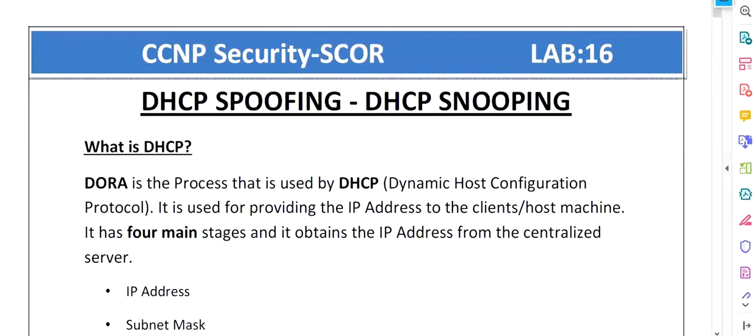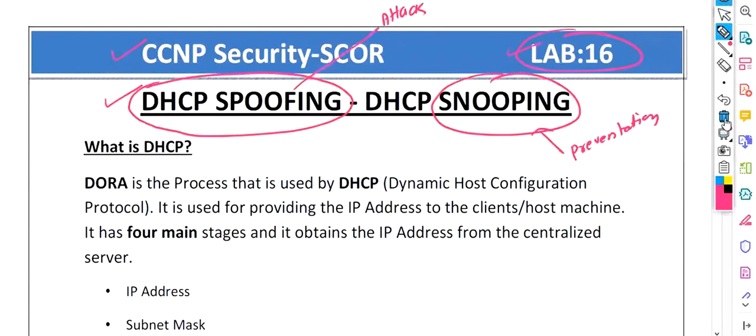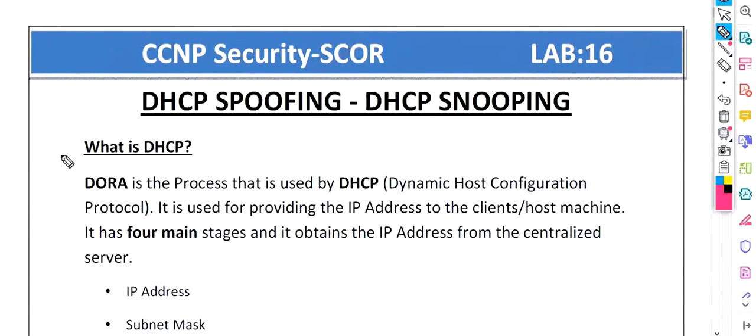Now, first of all, quickly, let me go through this term. What is DHCP? As you know, we learn this in CCNA routing and switching, or CCNA enterprise. Why do we need DHCP? DHCP is nothing but the Dynamic Host Configuration Protocol. When you have so many PCs in your LAN, and if you want to assign the IP address manually, that is a very hectic and critical task.